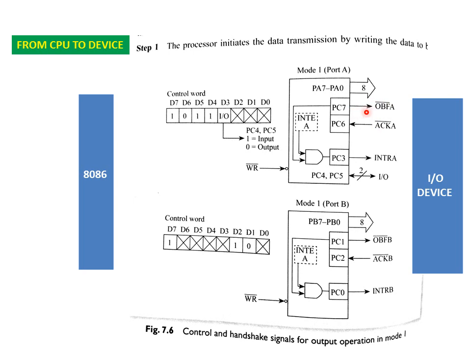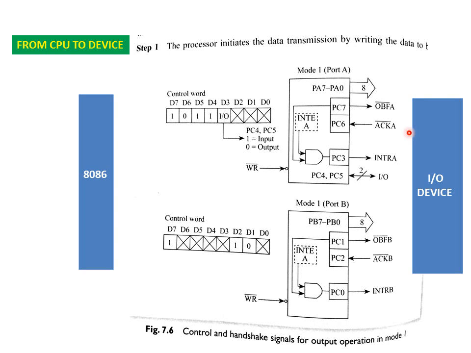The purpose of this output buffer full is to indicate that the data is with the port A register or the port B register. Once output buffer full is given, the data starts being sent to the output device.